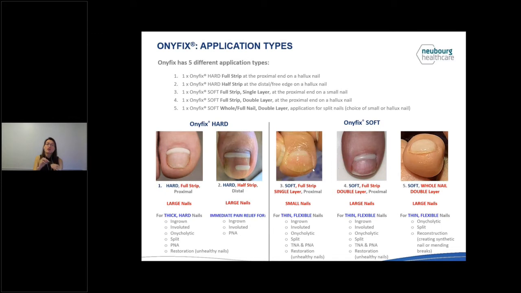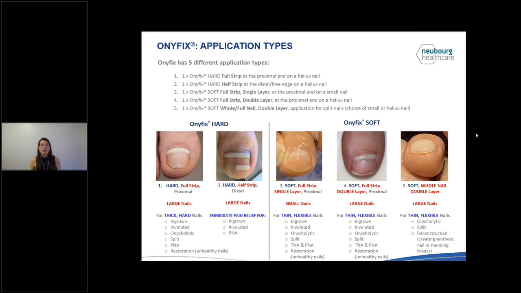You would use just 1 layer on really small, delicate nails, the thin nails, the little ones, but on the larger hallux nails or stronger nails, you can and should use a double layer. That double layer gives the strip greater strength and more structural integrity so that it lasts longer. It's more robust and can withstand many weeks and months of wear.